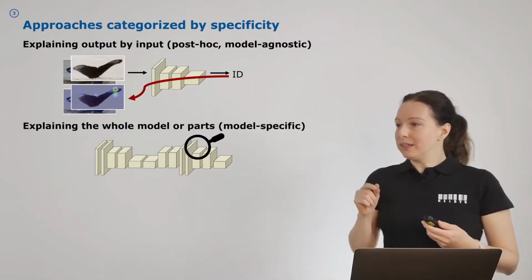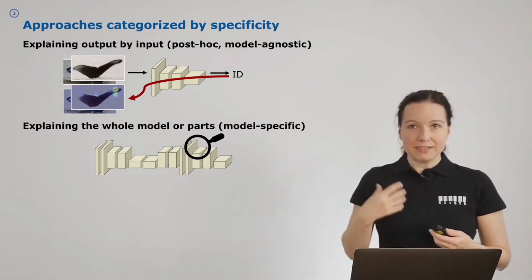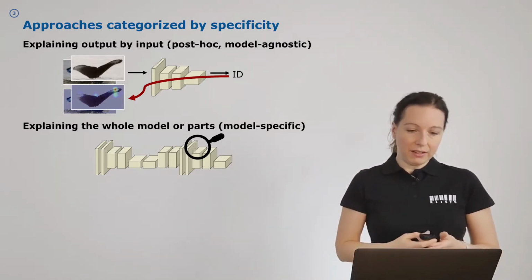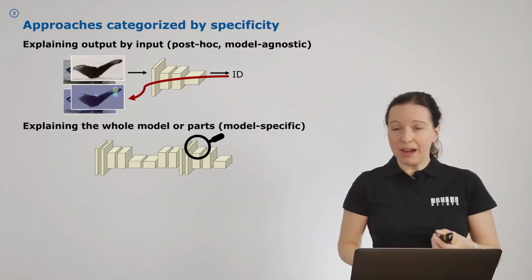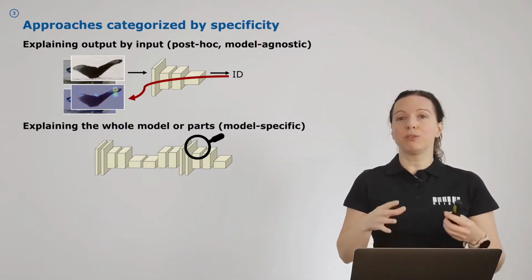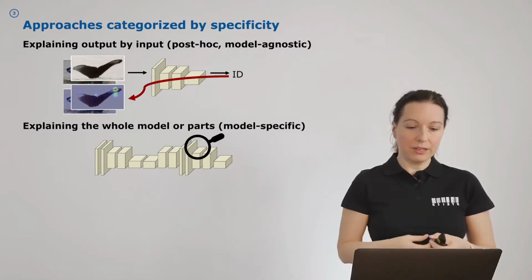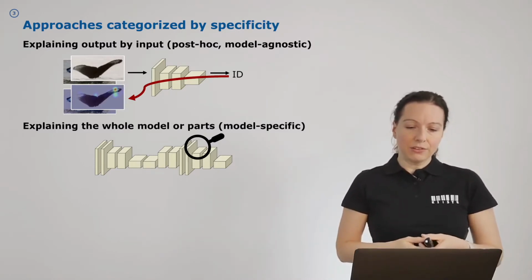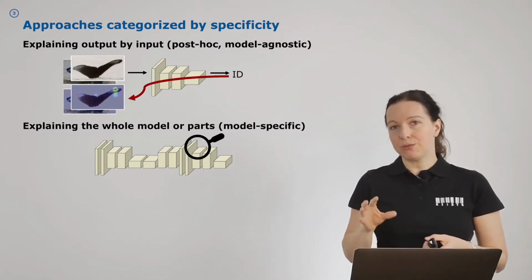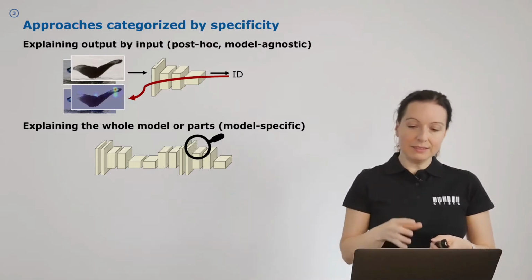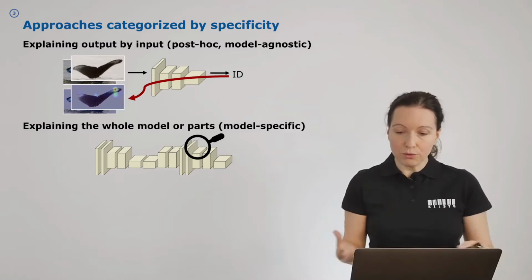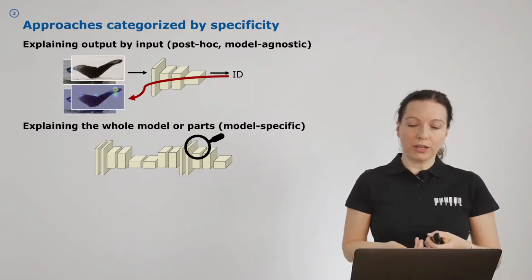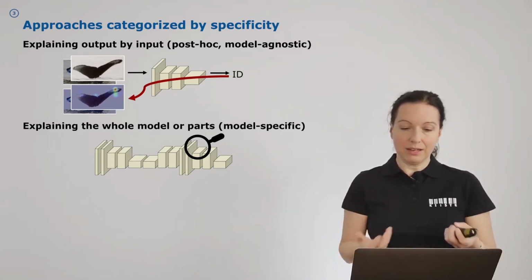The second one is different. This is a model-specific approach. Here you want to understand how specific parts of a network are responsible for a specific decision, a specific behavior. So here you find interpretation through methods that were tailored to specific models, for example, convolutional neural networks, or you want to look at weights in a linear model.